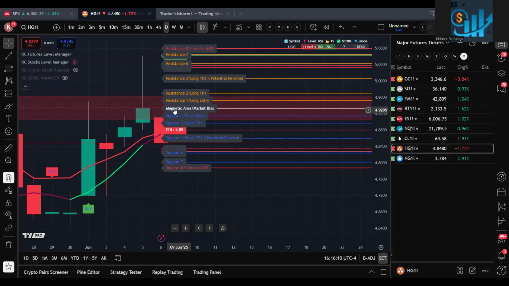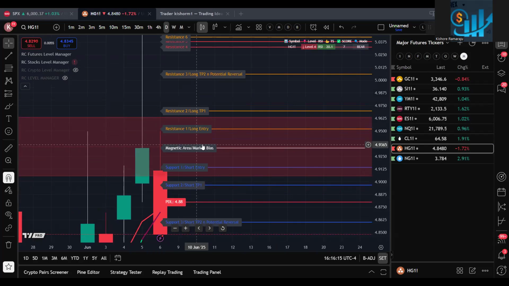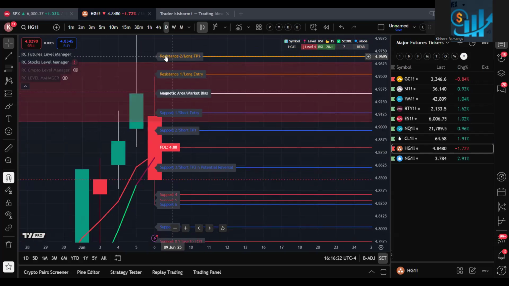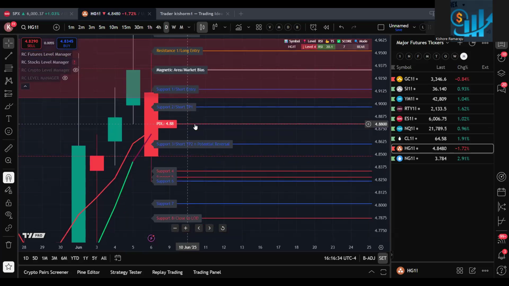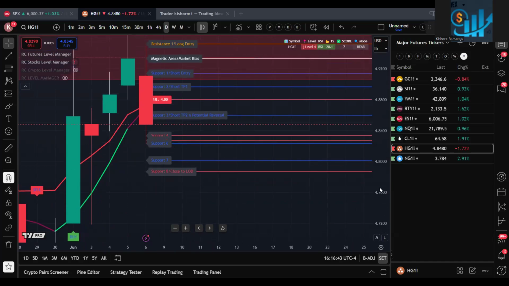Throughout the day, it was below the major area, where right here you have 50% buyers, 50% sellers. But throughout the day, sellers took the control. They never gave the buyers the control. The open or close were never above the magnetic area or above this long entry. So it always stayed below. That means the sellers have the full control. They can continue the control this evening, tomorrow also. So this is a much better opportunity compared to that one.